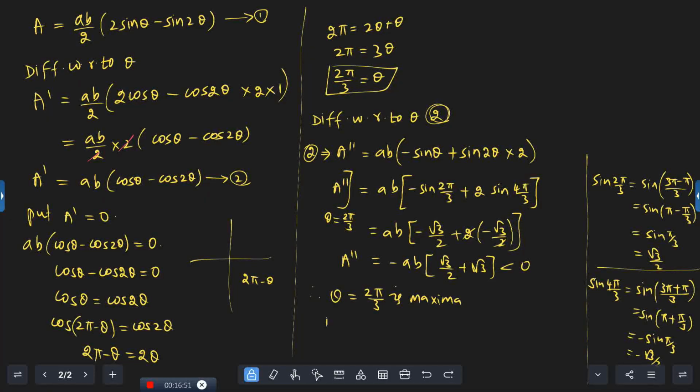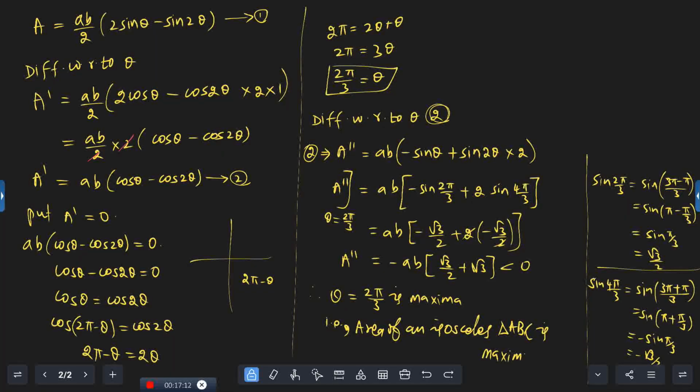What is the meaning of maxima here? It means the area of the isosceles triangle ABC inscribed in the ellipse is maximum.